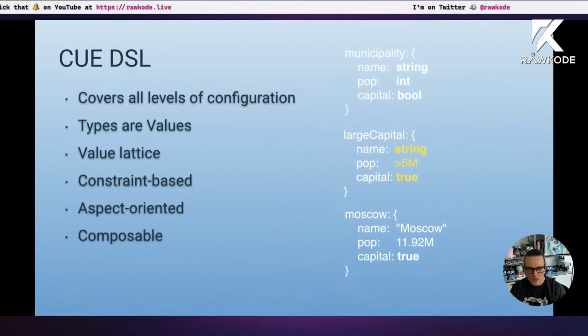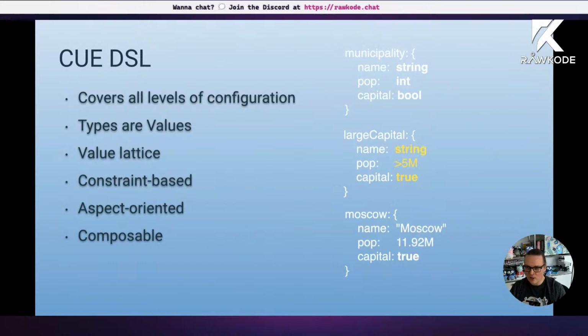So what does Q look like? I mentioned already before that Q unifies types, values, constraints, policy, and validation. It's all the same thing. If you look at the bottom, in this Moscow entry, you basically have JSON with syntactic sugar. If you squint your eyes a little bit, it's just JSON. You have key value pairs. If you look at the top, it looks more like a Go struct.